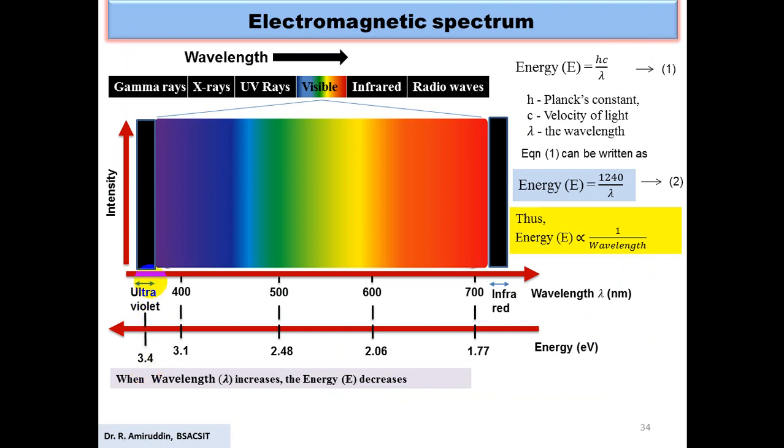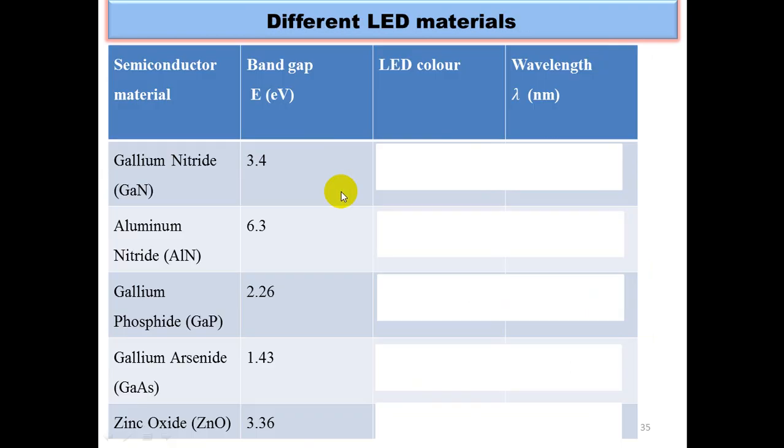So now the important factor here is, if we fabricate a P and N junction using gallium nitride as a material, using P-type gallium nitride and N-type gallium nitride, it emits the color of UV region and wavelength of 364 nanometer.